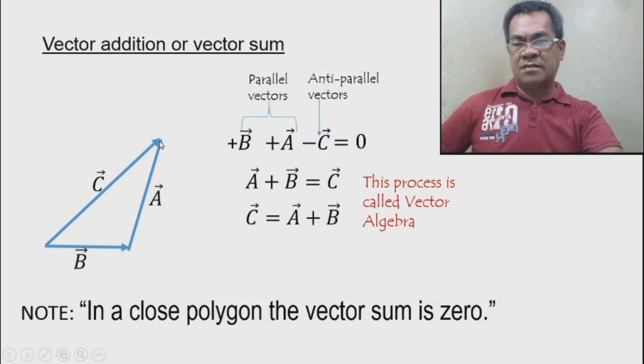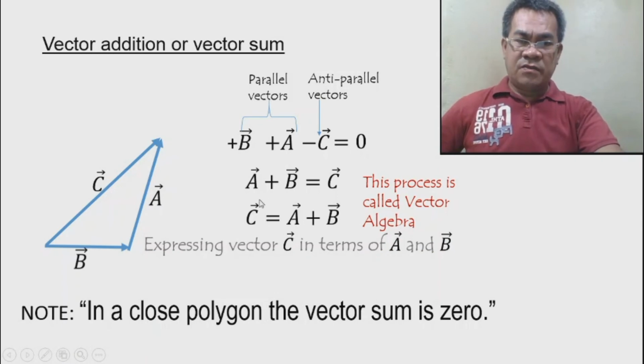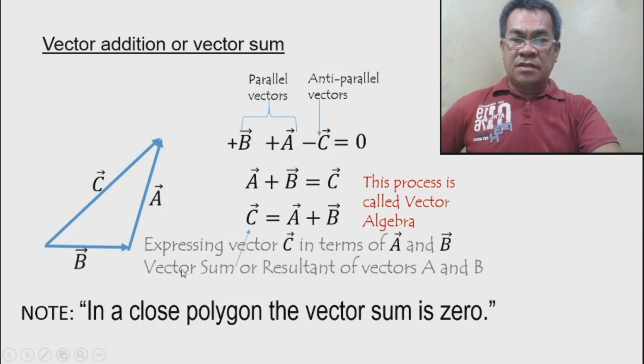That's it. Very clear. From this equation, we express C in terms of A and B, and we found out that C is the vector sum. If this is minus, C is the vector difference of vectors A and B, and so on. So this result is called the vector sum.